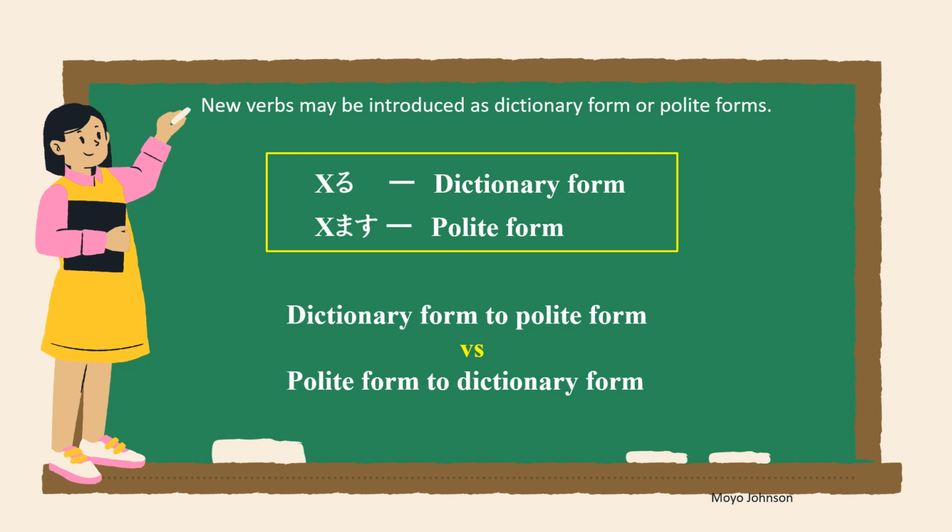If you prefer starting with the polite form and then learning the dictionary form later, that is okay too. However, please keep in mind that understanding how to go from the polite form back to the dictionary form can be trickier. So learning to conjugate from dictionary to polite form from the start is helpful in the long run.